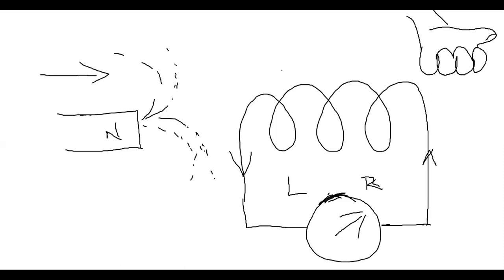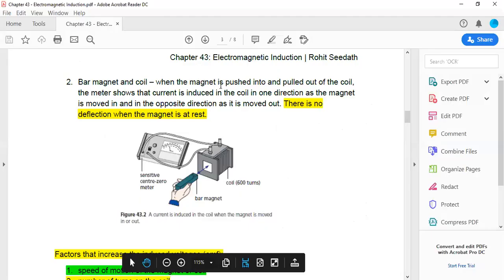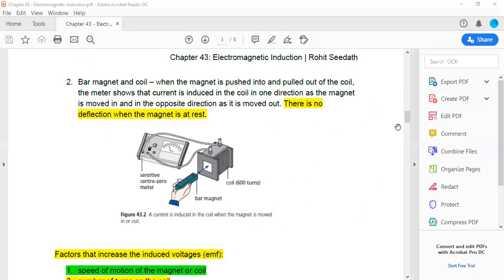We go back to your notes just to make sure. I want you to read this first before we continue. Just sharing the screen with the notes again. Right here it says when the bar magnet is pushed into and pulled out of the coil, the meter shows the current is induced in one direction and in the opposite direction when it is moved out.